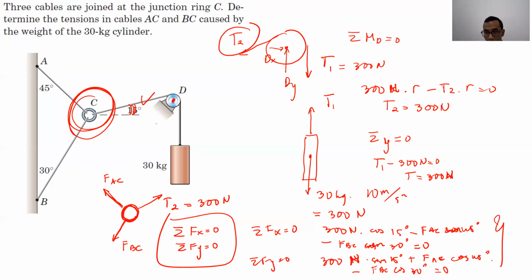Using those two equations, we have two unknowns there, right? FAC and FBC. Will we be able to solve FAC and FBC there, Judy? Using those two equations. I think we can, two equations, two unknowns. Yes, correct. We can solve it, as long as you just multiply it with all the cos and sine, then using substitution and elimination, you can solve for FBC and FAC. So that's the way to solve this particular problem.